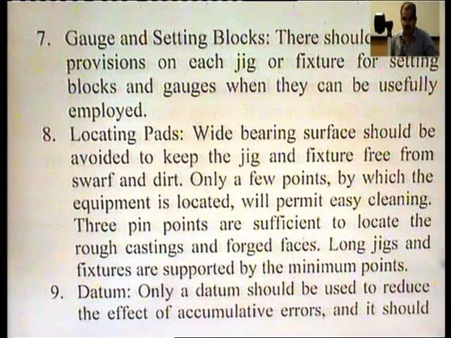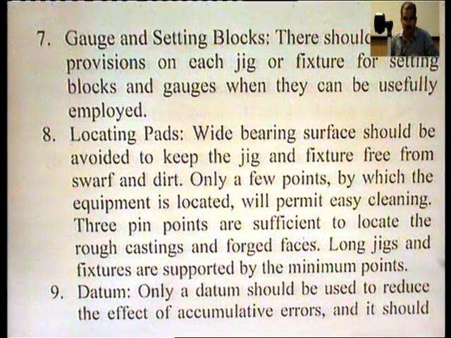What does it mean? It means that there must be some sufficient clearance between the surface of the jig and the surface of the workpiece. There must be some room so that cleaning of the workpiece or jig can be done easily.